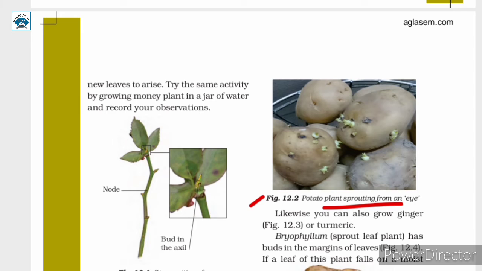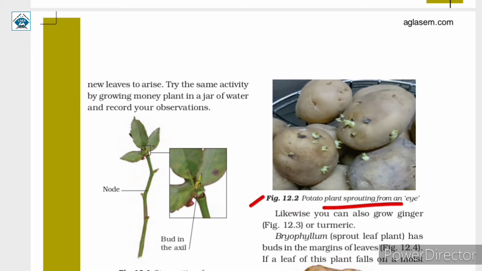Now, you need to cut the potato into small parts, and each part should have an eye in it. Then you need to bury these pieces in the soil and water them regularly. You need to observe them for a few days. When you do so, you can see a plant sprouting from the eye of a potato. So this is another example of vegetative reproduction.